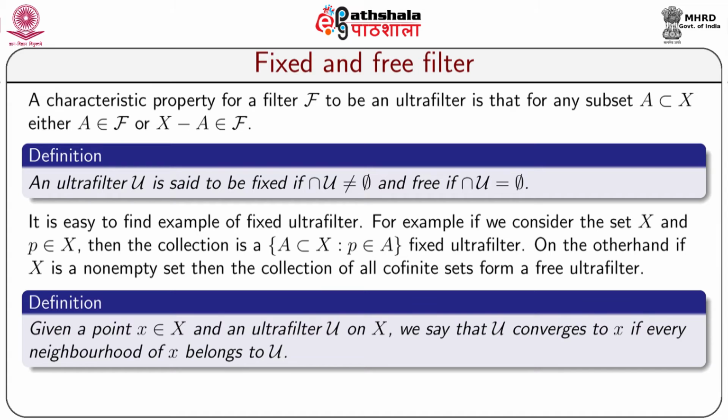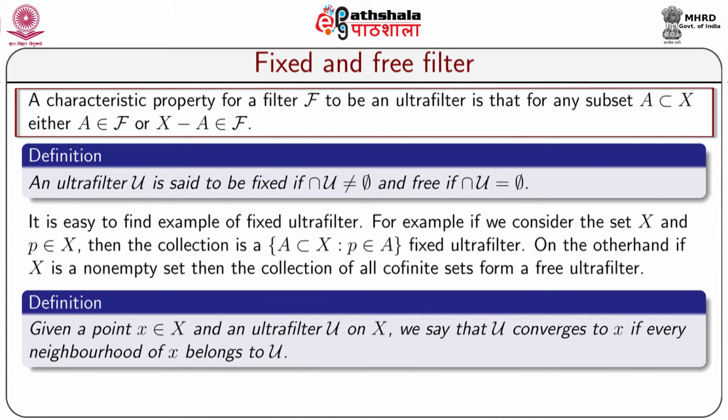It can be easily shown that a characteristic property of a filter being an ultrafilter is that for any subset A of X, either A belongs to F or the complement of A belongs to F.